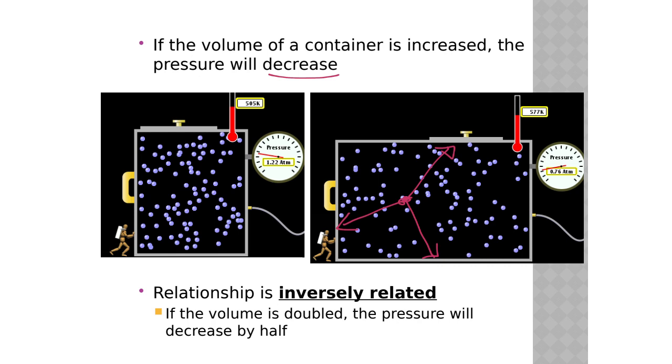And because we're seeing a change, so if the volume is increased, the pressure is decreased and vice versa, we say that this is inversely related, or we can say that this is an indirect relationship. So when one variable increases, the other one will decrease. And they will increase and decrease directly in terms of doubling, tripling, quadrupling, that kind of thing.